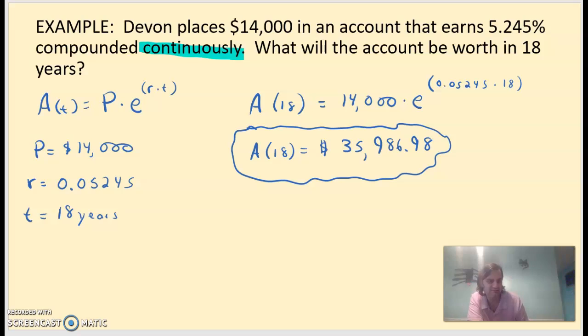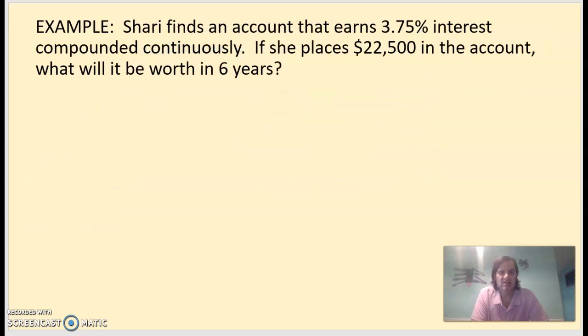Okay. Example. Sherry finds an account that earns 3.75% interest compounded continuously. That tells us what formula we're going to use. If she places $22,500 in the account, what will it be worth in 6 years? So we're using that continuous interest formula again.